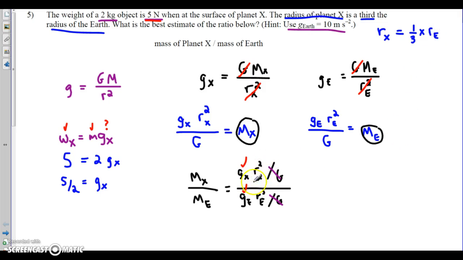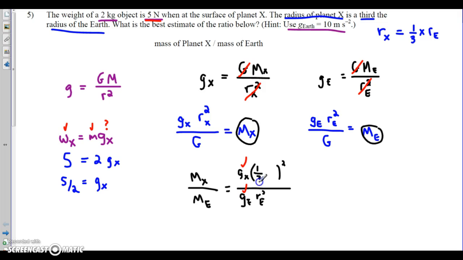So right here for rx squared, I'm going to get rid of the big G's here to make it easier. I'm going to replace rx squared. And what am I going to put in? You know the answer. I'm going to put in not rx, but 1/3 r Earth.